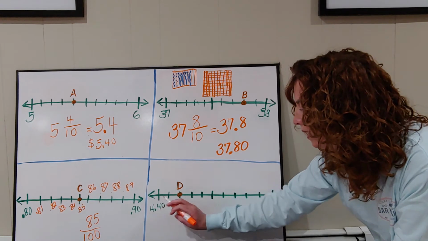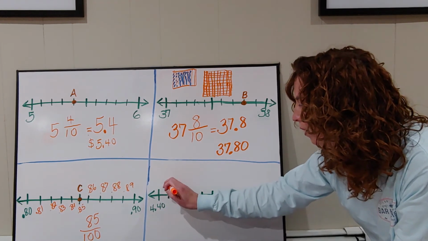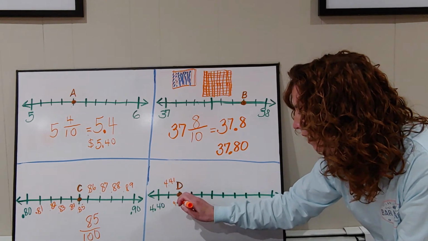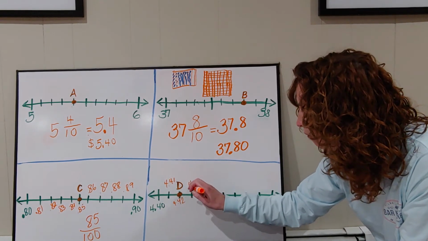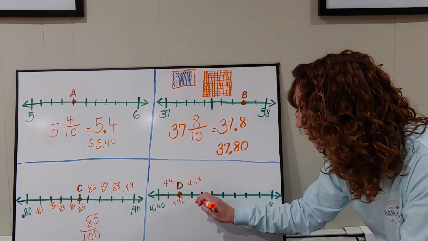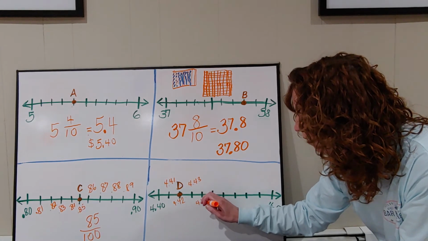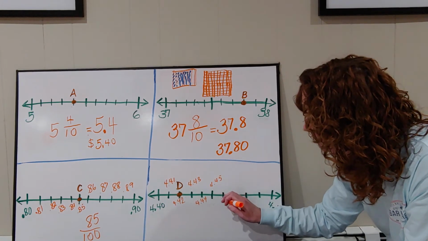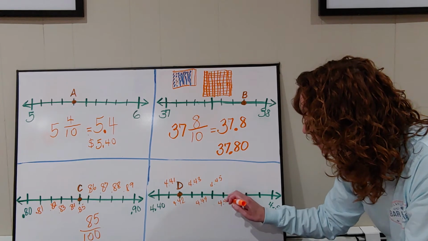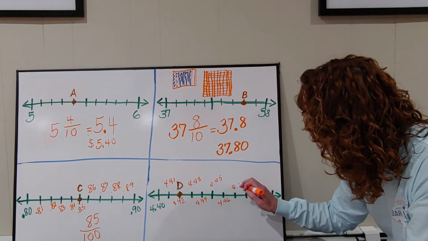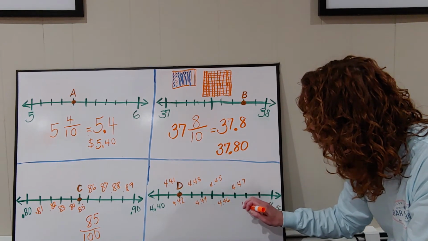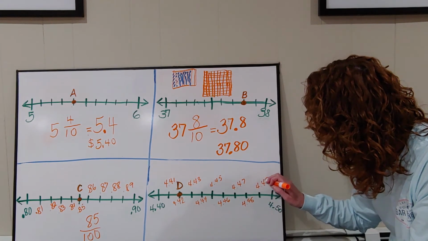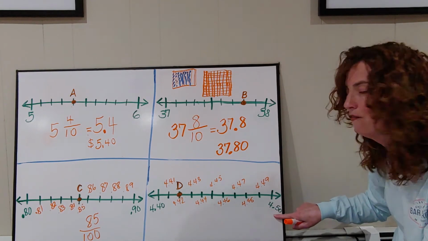So if this is 40, we have 4 and 41 hundredths, 4 and 42 hundredths, 4 and 43 hundredths, 4 and 44 hundredths, 4 and 45 hundredths, 4 and 46 hundredths, 4 and 47 hundredths, 4 and 48 hundredths, 4 and 49 hundredths, all the way up to 4 and 50 hundredths.